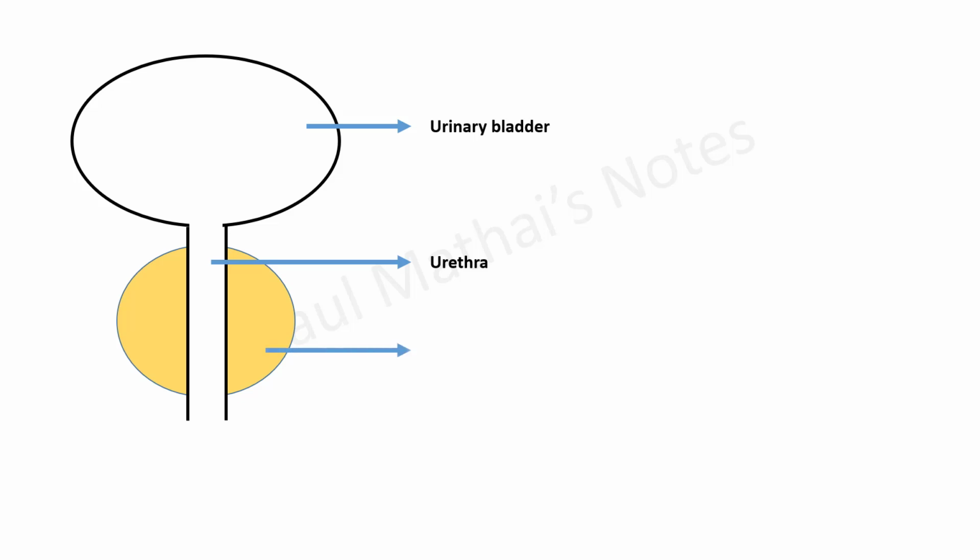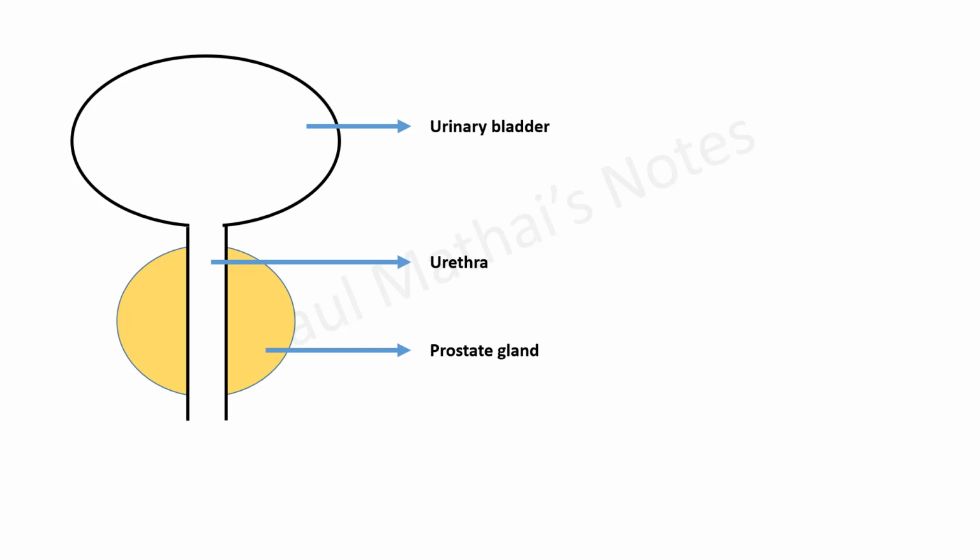Now, if we take a look at a cut section of the urinary bladder with the urethra, so this would be a coronal section, we would be able to see that the urethra actually pierces the substance of the prostate gland. The prostate gland is seen to invest the urethra.